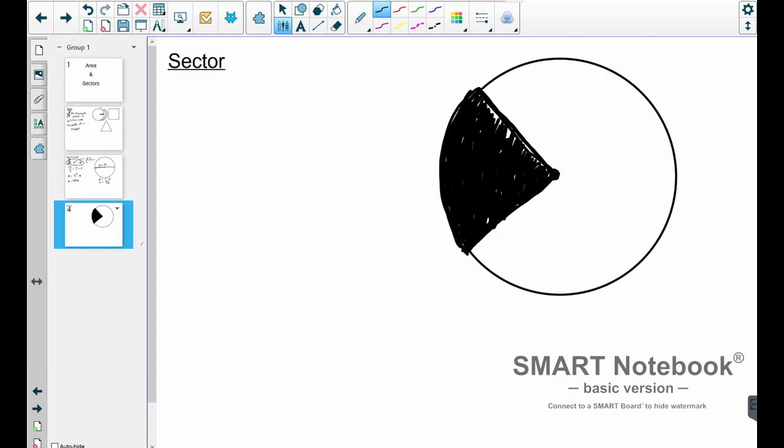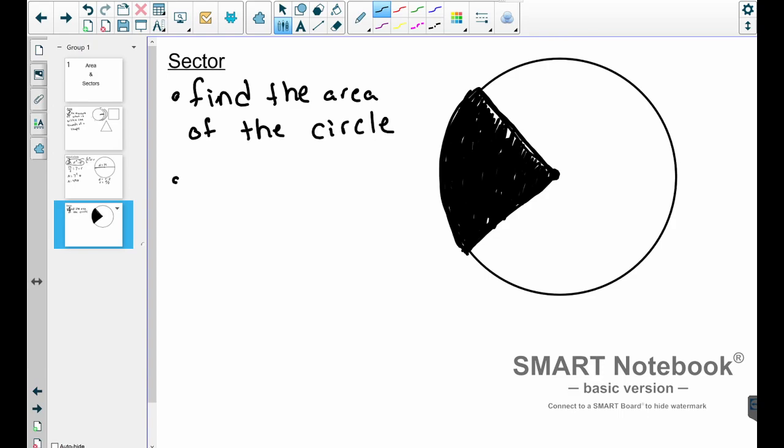So if we want to find the sector, we have to first find the area of the circle. This way we know how much the circle is as a whole, the entire area, these extra regions out here, not just the sector we're looking for.